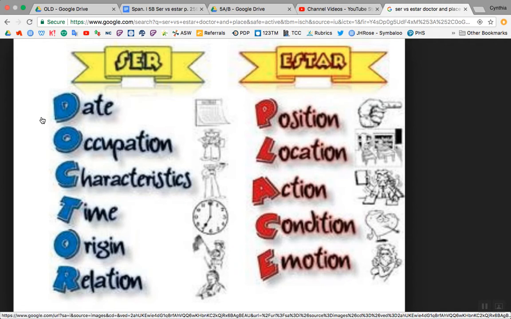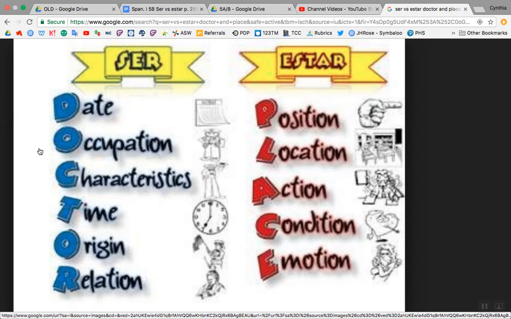D for date, like for example, hoy es martes, today is Tuesday. O for occupation, soy una profesora, I'm a teacher, or soy un estudiante, I'm a student. Keep in mind, being a student is considered your job, even though we know you will not be a student forever. It is considered your occupation.